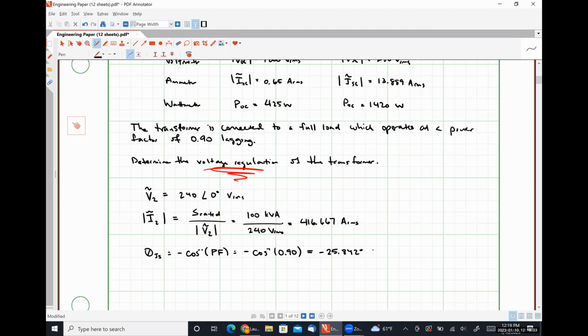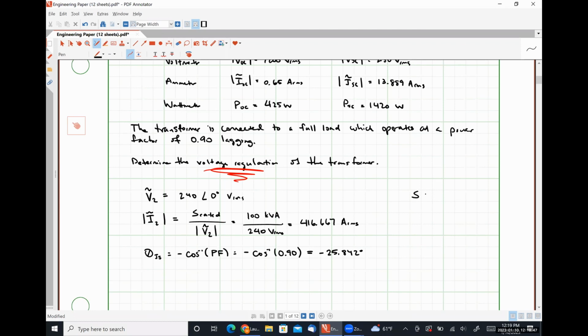So a lagging power factor will give you a positive phase angle for the complex power, but the phase angle for our current here has to be of the opposite sign, because if you recall, complex power S is equal to V times I conjugate. So the negative sign right here is effectively taking into account that we're taking the conjugate of the current to come up with our complex power.